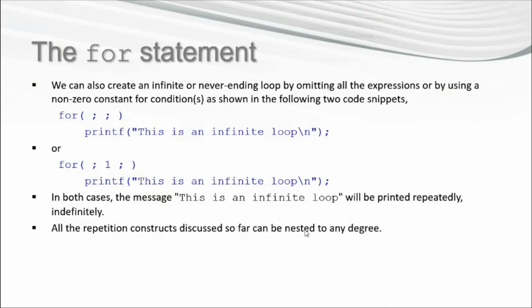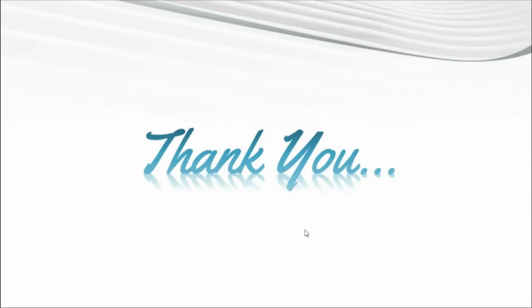Today we discussed the different types of for statement, that is, the complex type of for statement, as well as the nested for loops, then a for loop with a null statement, and a for loop which is an infinite loop, etc.